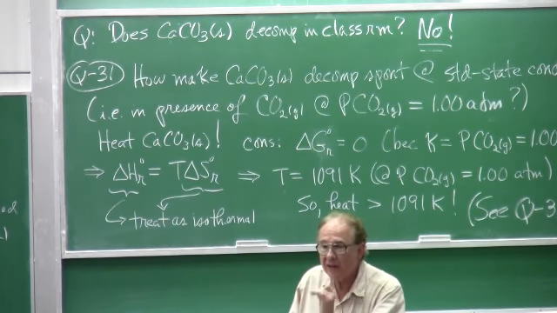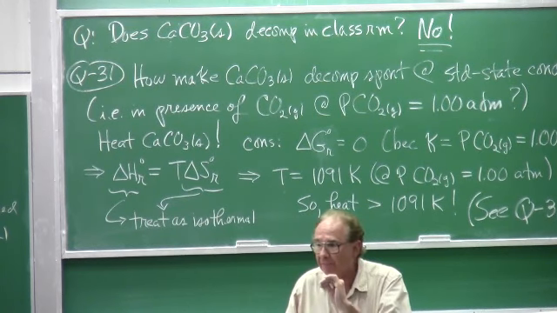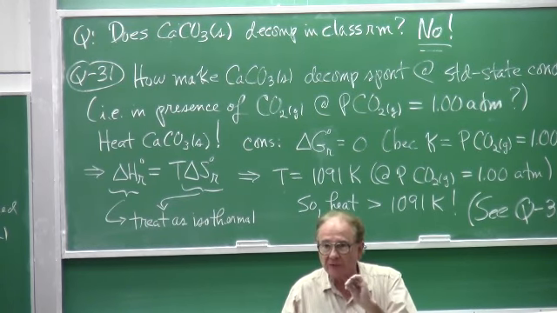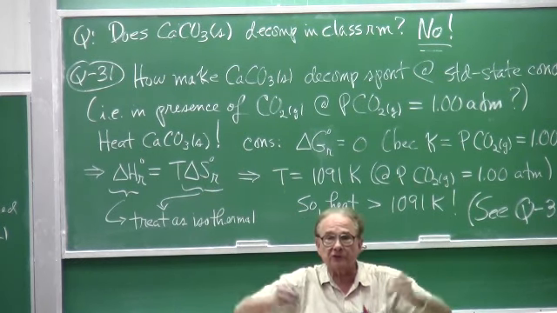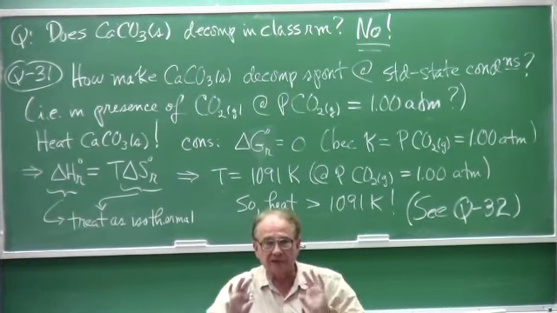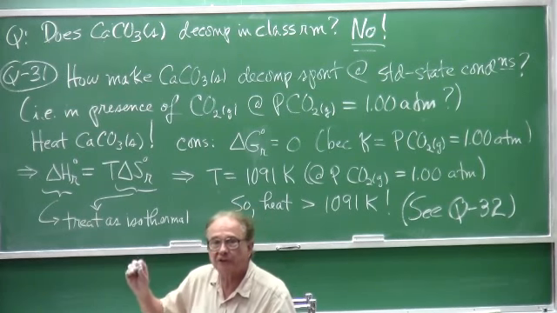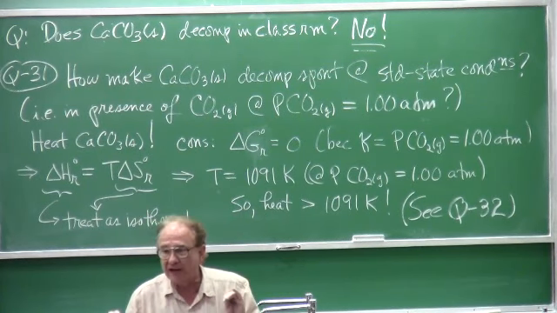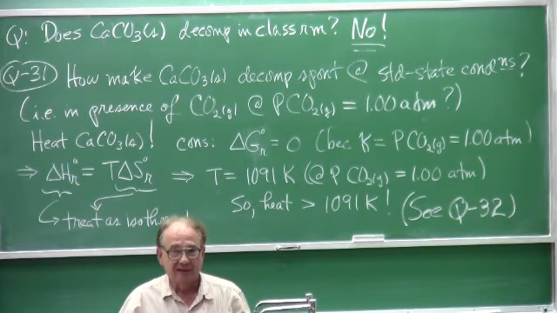So as we make CO2 and develop a partial pressure of CO2 of 1 atmosphere, if atmospheric pressure is 1 atmosphere, the CO2, as I produce it at a temperature above 1091 K, will have a partial pressure that's somewhat greater than 1 atmosphere. And it'll push the atmosphere back.